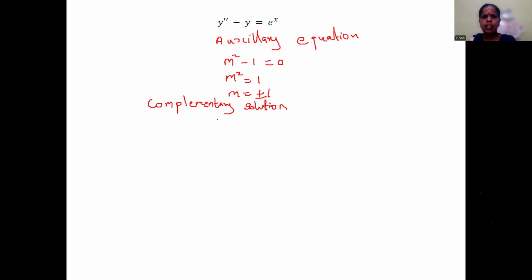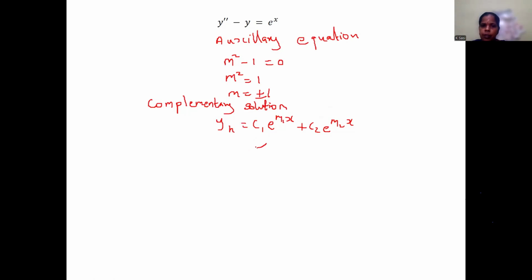The complementary solution formula, when the roots are unequal and real, is yh is equal to c1 e power m1x plus c2 e power m2x, where m1 and m2 are nothing but plus 1 and minus 1.